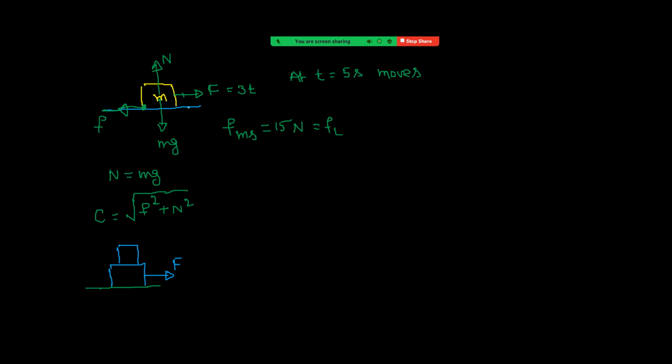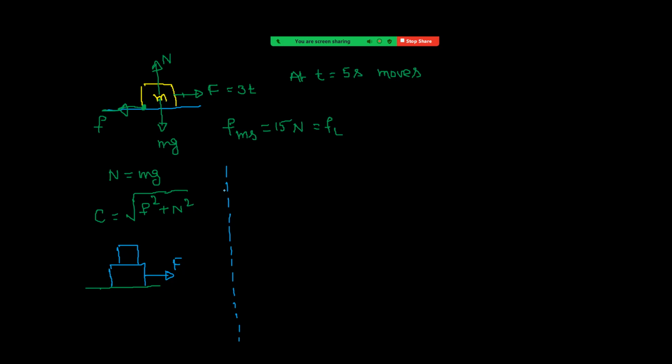So let us now first focus on static friction. Regarding static friction, first we have discussed what it is. The block is at rest with respect to the contact surface. So it doesn't mean that the block is not moving. This is the example for that. The block is moving, but not slipping.